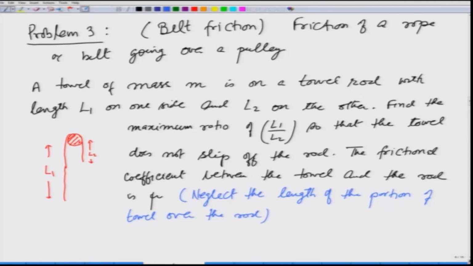As you just now saw, the rod is really very small in radius, so that length is really negligible. So, let us see what is happening.